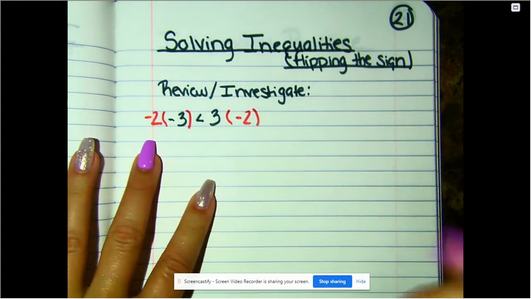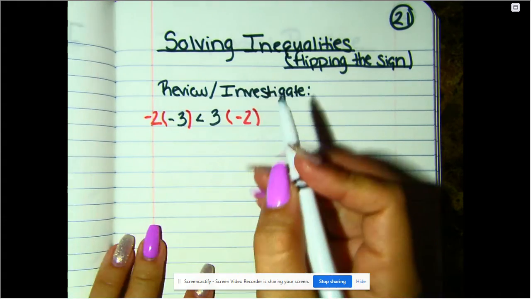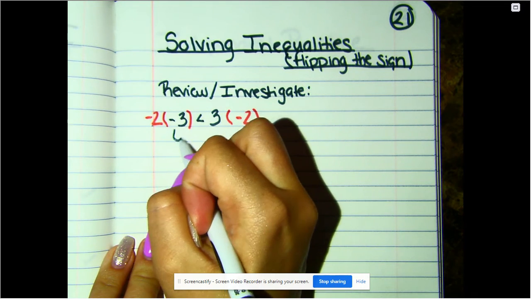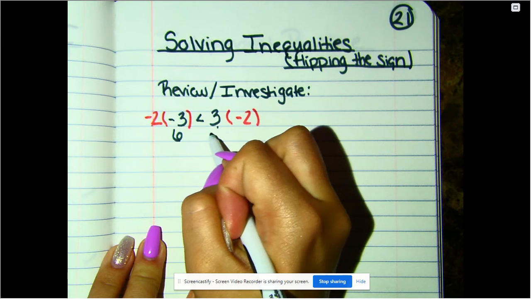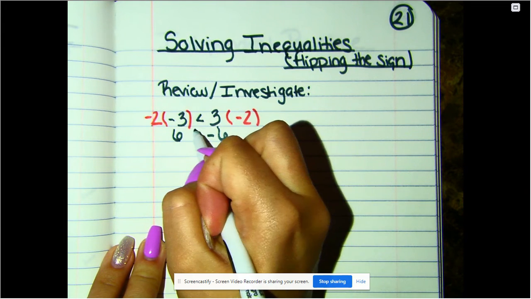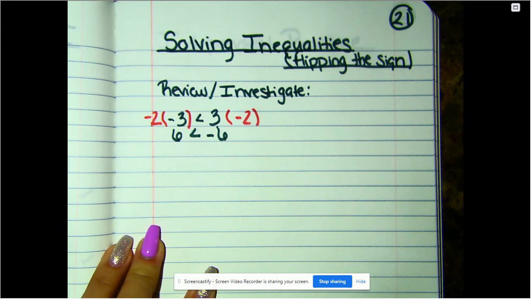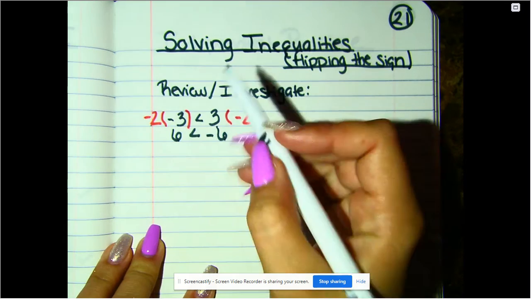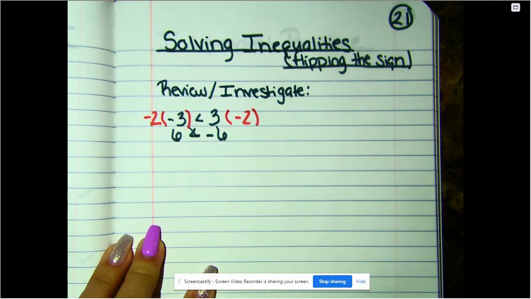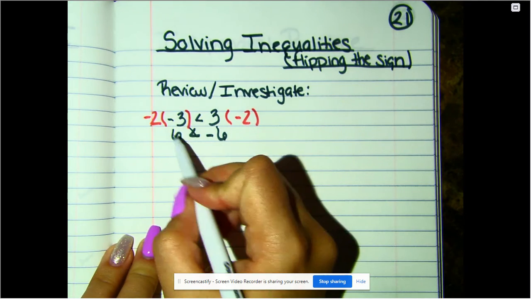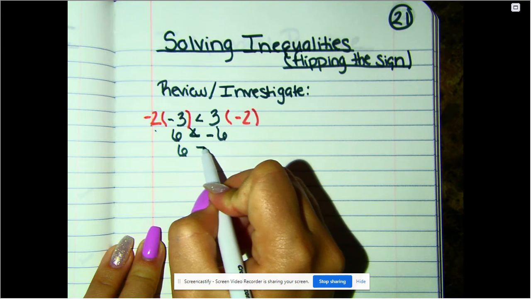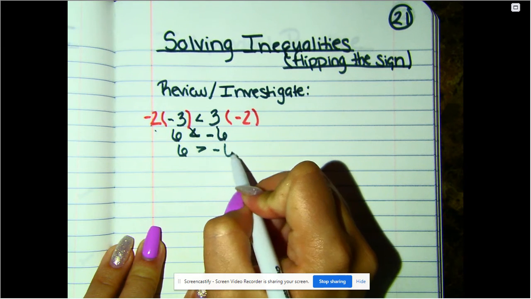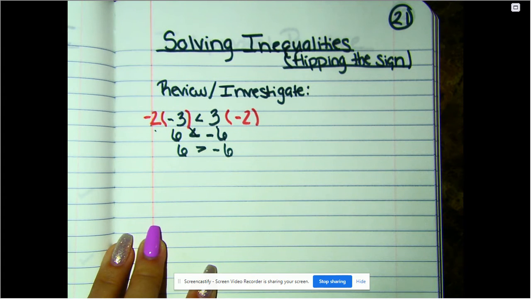After that happens, I would have -2 times -3, which is +6, and then 3 times -2, which is -6. Is it still true that 6 is less than -6? No. So we have a simple fix to this: anytime that we divide or multiply by a negative number, all we need to do is flip around my inequality sign to have it remain true.